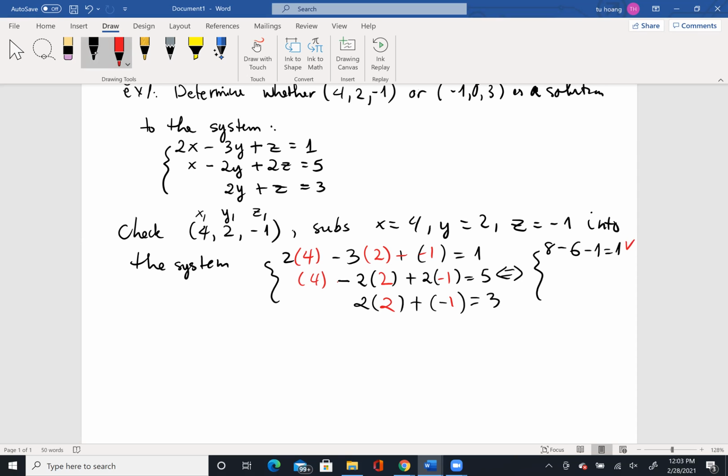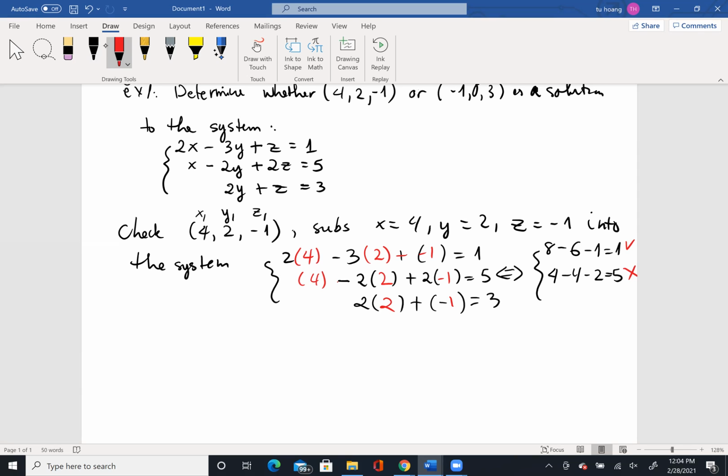All right. And the next one gives me 4 minus 4 minus 2 equal to 5. No, it is not true, right?